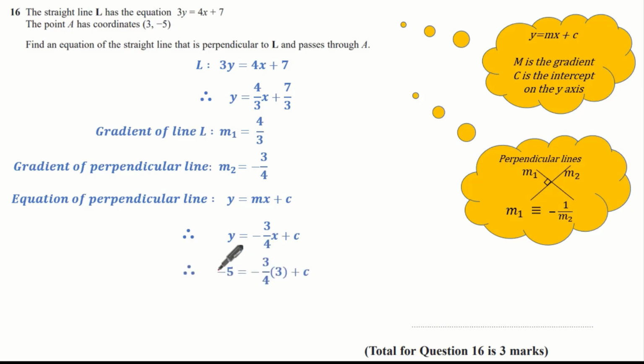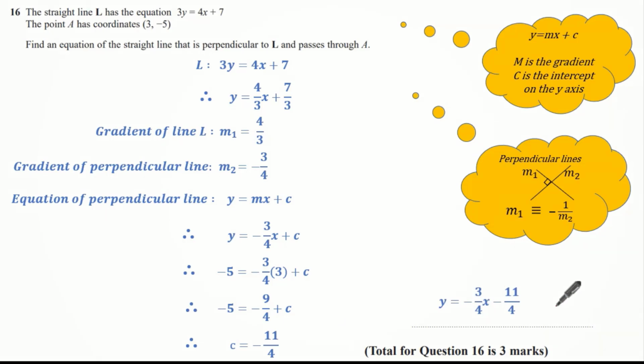Substituting, we have minus 5 is equal to minus 3 over 4 multiplied by the x-coordinate, which is 3, and then obviously we add c. This then gives me minus 5 is equal to minus 9 over 4 add c, so we can clearly work c to be minus 11 over 4. So now we have our equation of our straight line, which is y equals minus 3 over 4 x subtract 11 over 4.